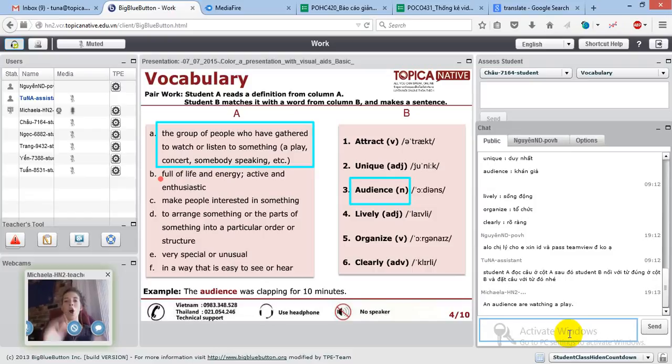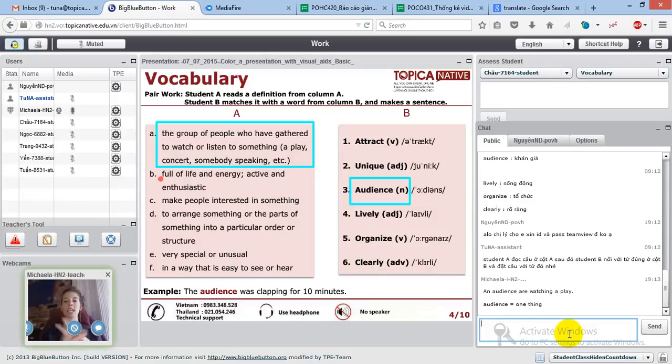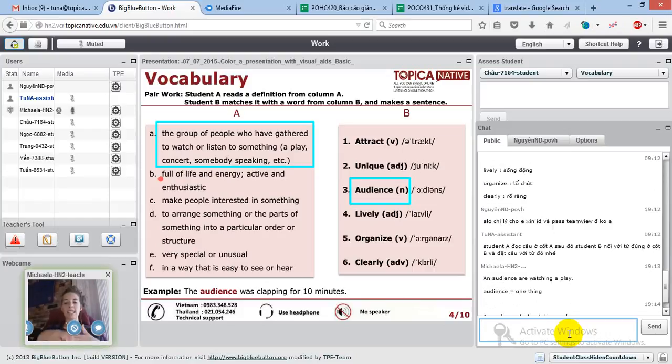So the audience is one thing, right? The audience is one thing. So we'd say an audience is watching a play because it's just one. So you use is instead of are, which would be for multiple things.